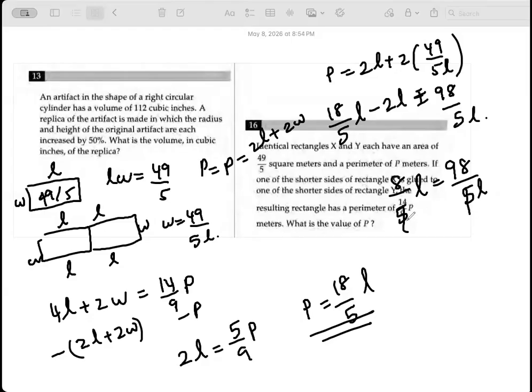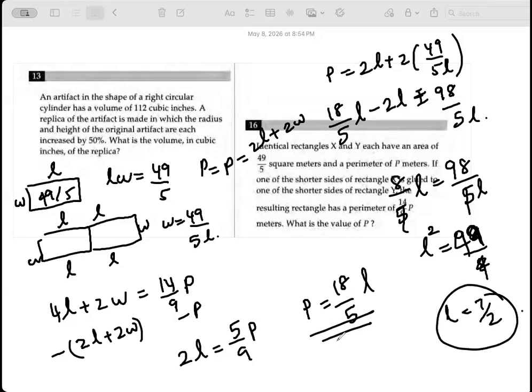Not a hard one to solve, right? So basically L square will be equal to 49 by 4. Okay, L will be equal to 7 by 2.